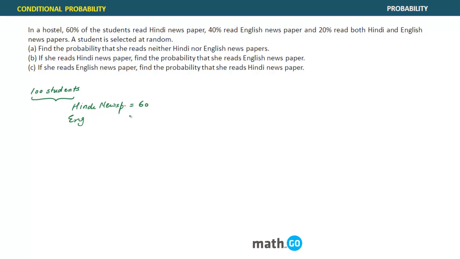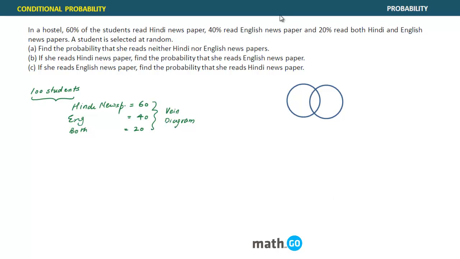The English newspaper is read by 40, and both by 20 students. This is what is given to you. Now I'll try and convert this into a Venn diagram problem, where I'll first of all depict what the question is asking me to do.